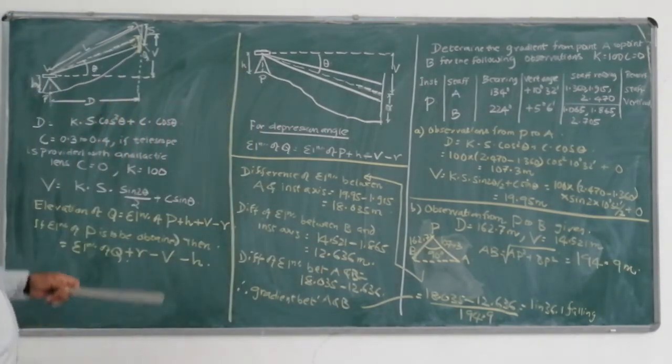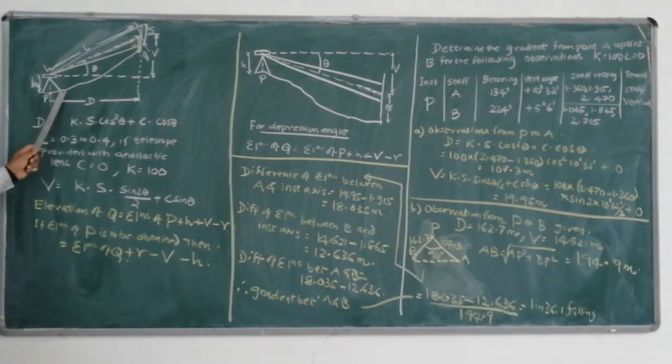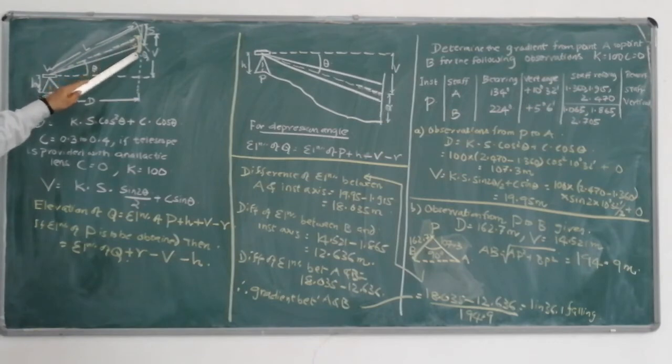Now please pay attention to this figure. This is a figure in which the reading has been obtained from point P to a point Q. Point P is where we have kept our tachometer or theodolite, and the leveling staff is at point Q. So the small vertical line that you see is a leveling staff.